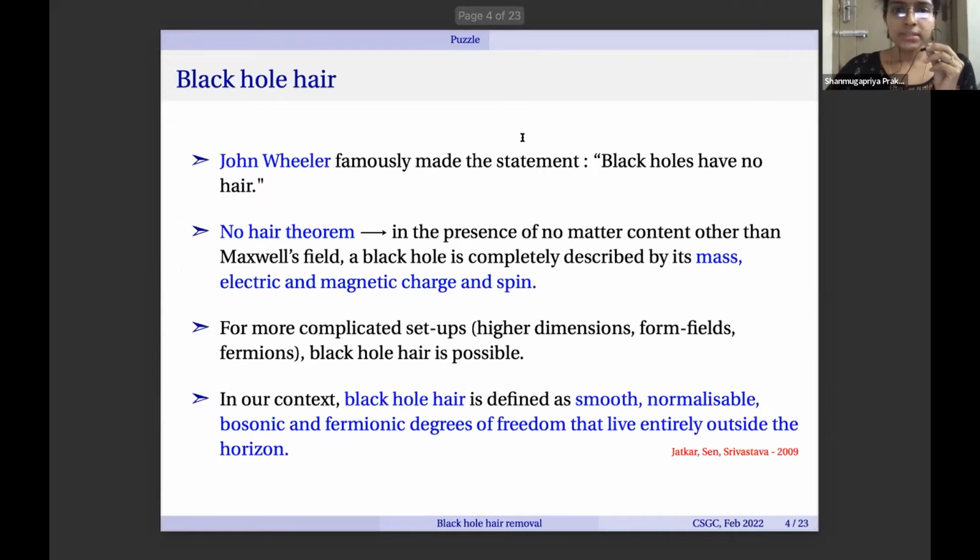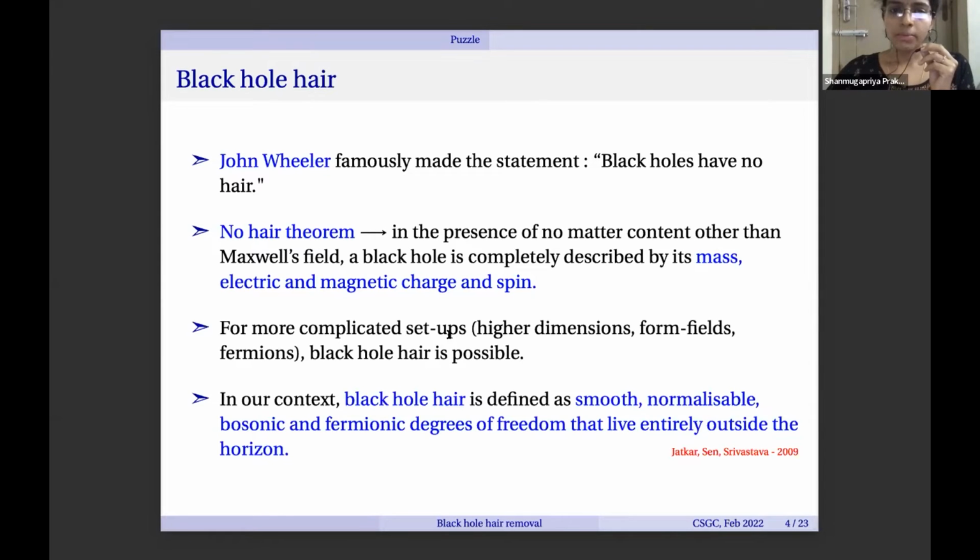So how do we define black hole hair, and how is it that we even have them in our model? Because John Wheeler famously made the statement that black holes have no hair. And this is what we now know as the no-hair theorem, which states that in the presence of no other matter content other than Maxwell's field, a black hole is completely described by its mass, electric and magnetic charge, and spin.